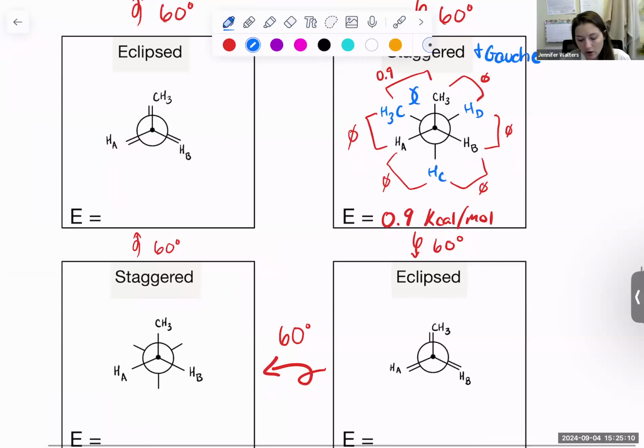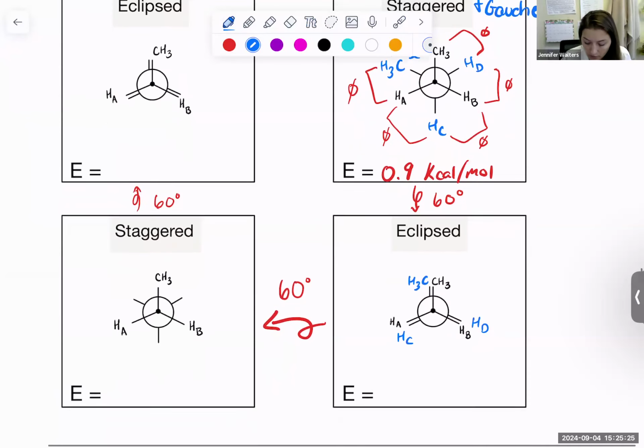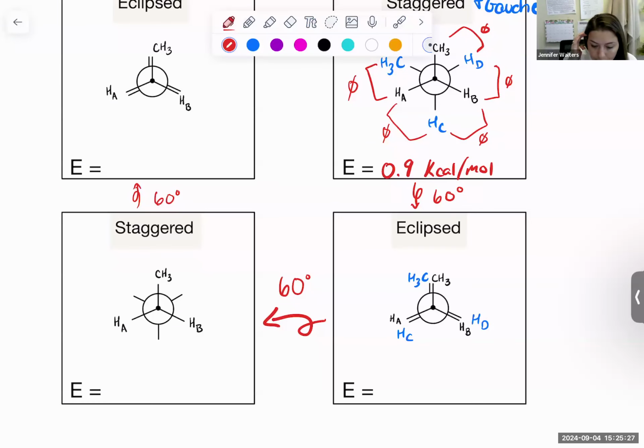If I rotate that back carbon another 60 degrees, now my methyls are eclipsing. HD is now behind HB, and HC is now behind HA. Now, the methyl-methyl eclipse is 3 kcals per mole. Hydrogen over hydrogen is 1.